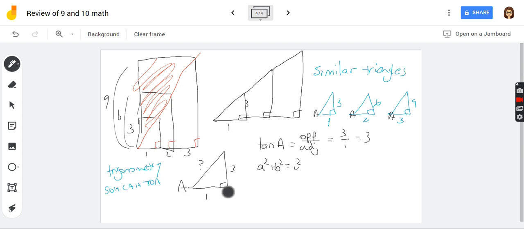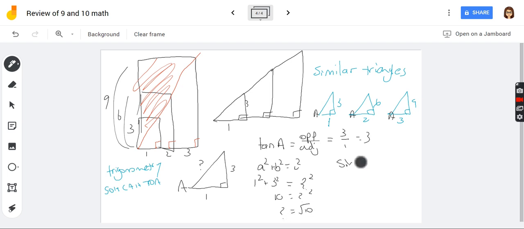The relationship is the same. The squares of the short sides added together equals the square of the long side. So 1 squared plus 3 squared is 10. That's question mark squared. So question mark is the square root of 10.